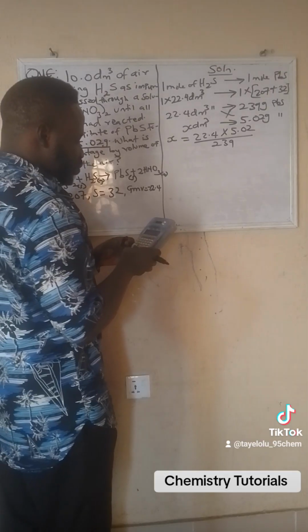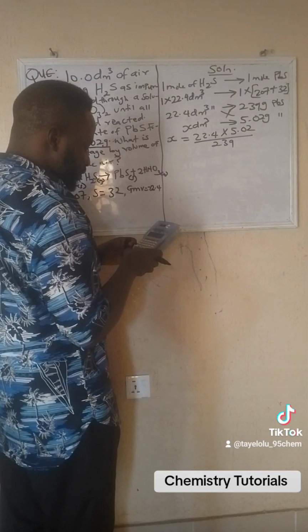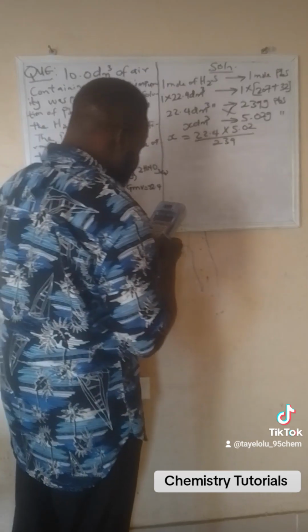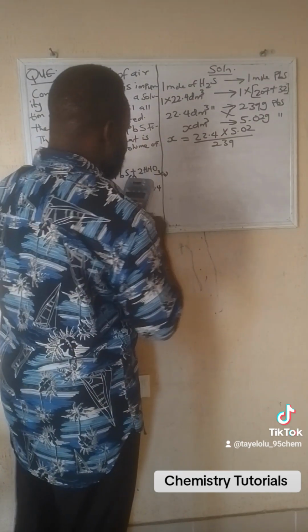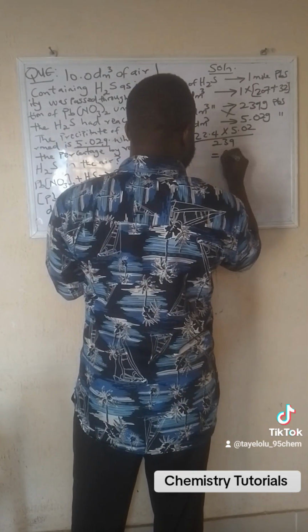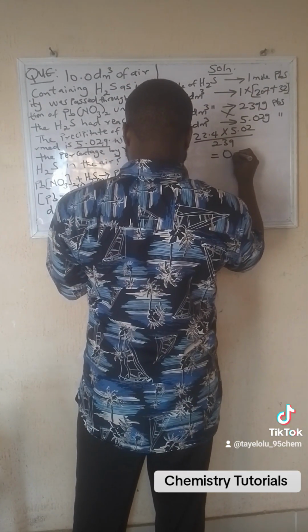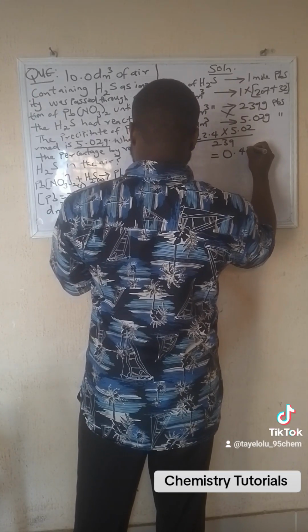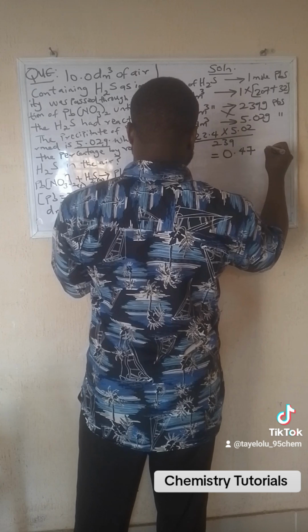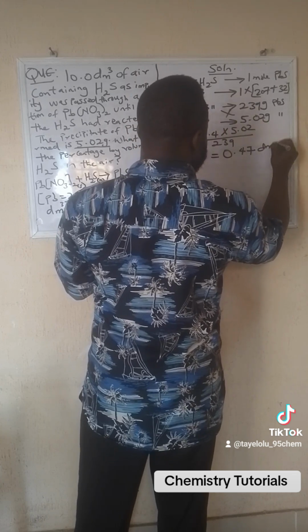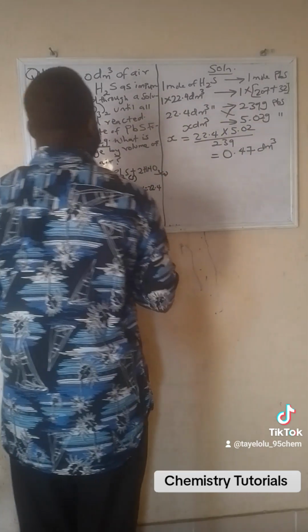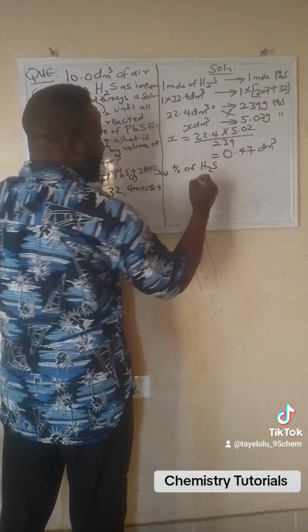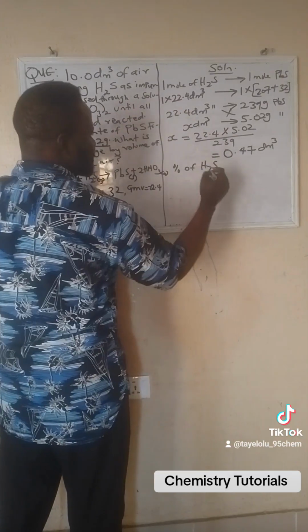By the time we do that, 22.4 multiplied by 5.02 divided by 239, that will give us 0.47 dm³.